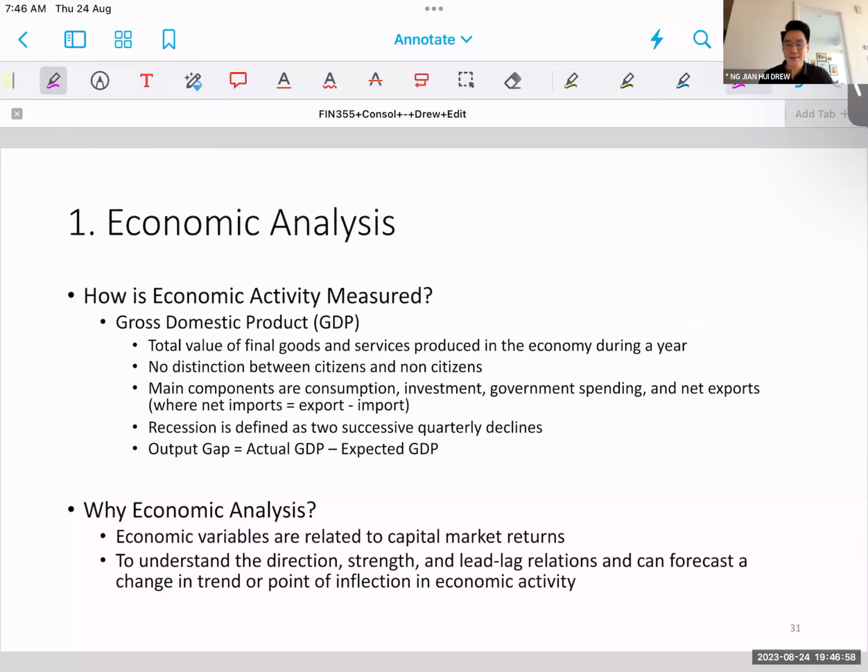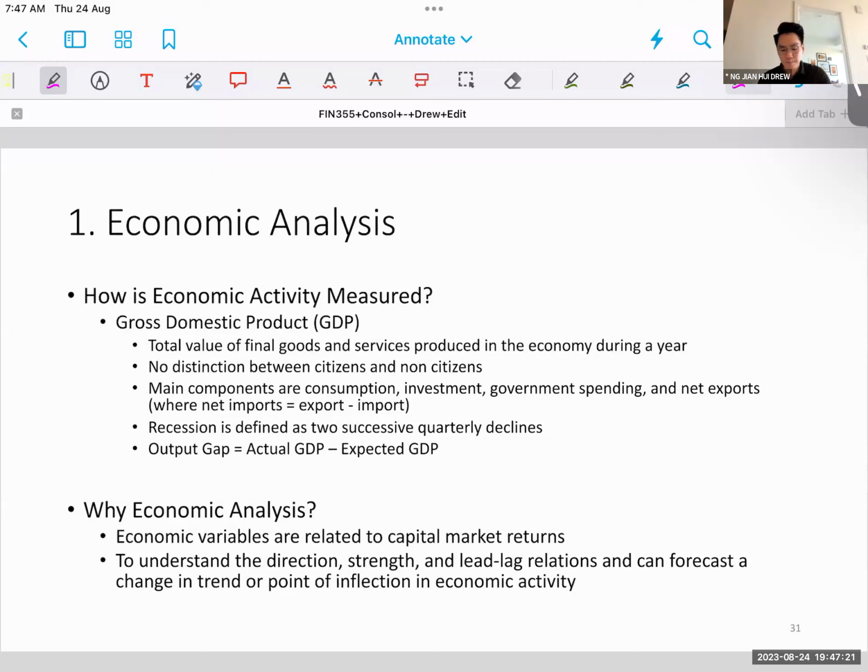Companies can fabricate GDP growth; in China, the central bank releases GDP growth which is not reflective of the market. There are many reasons why GDP is bad, but in general, if we do an economic analysis, we want to look at the GDP, right?